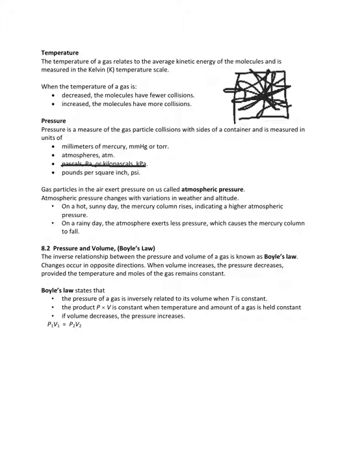It means that when one variable goes up, the other variable goes down. So since Boyle studied pressure and volume, essentially what he said was that if you increase the pressure, you decrease the volume. If you decrease the pressure, you increase the volume. So again, this is an inverse relationship. When one goes up, the other goes down.